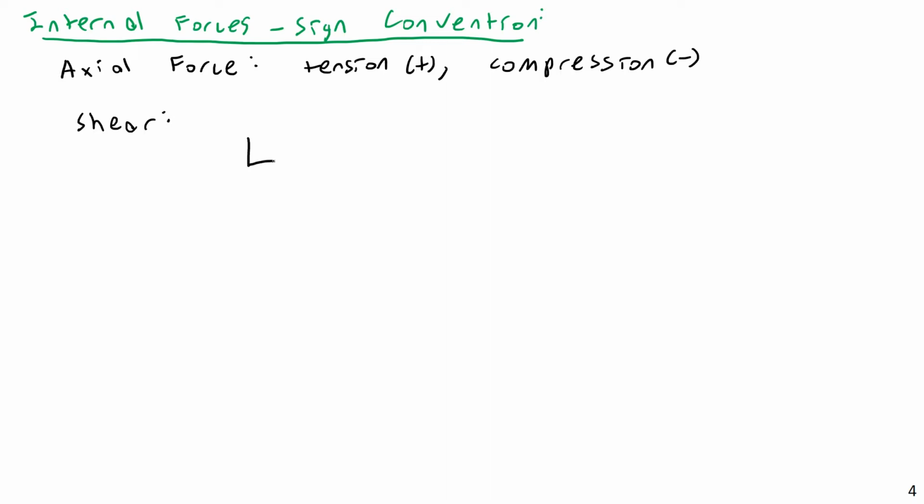So shear, I'm going to label this as positive shear. So consider two different differential elements. I'm going to show one with positive shear forces on it and another with negative shear forces on it.